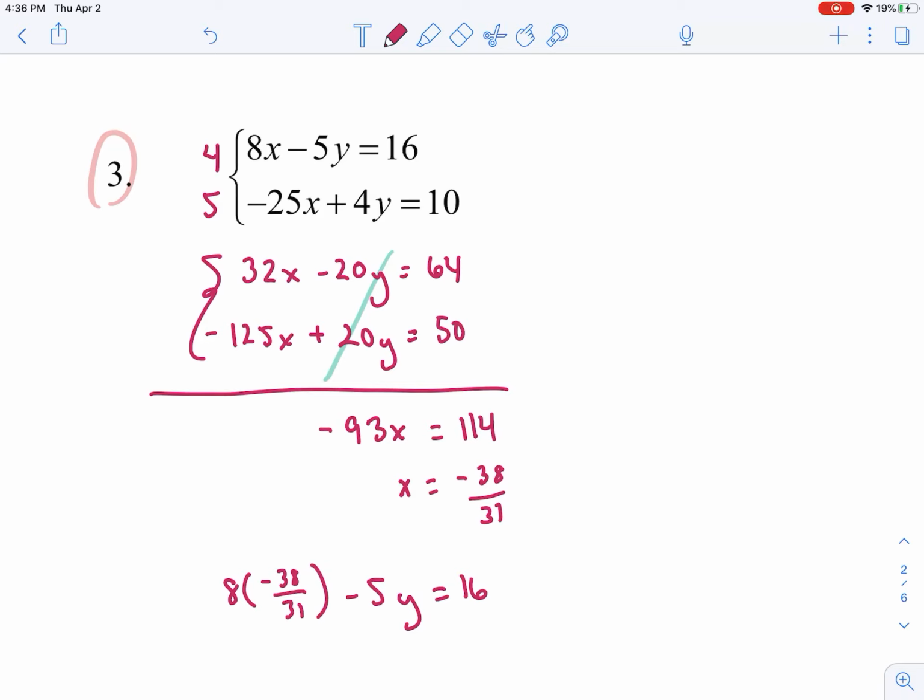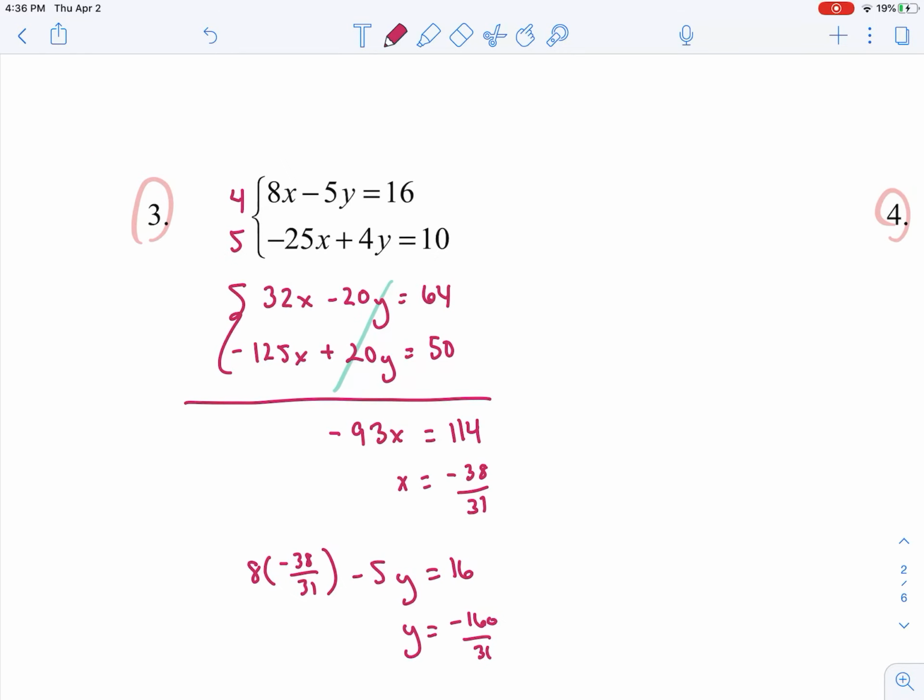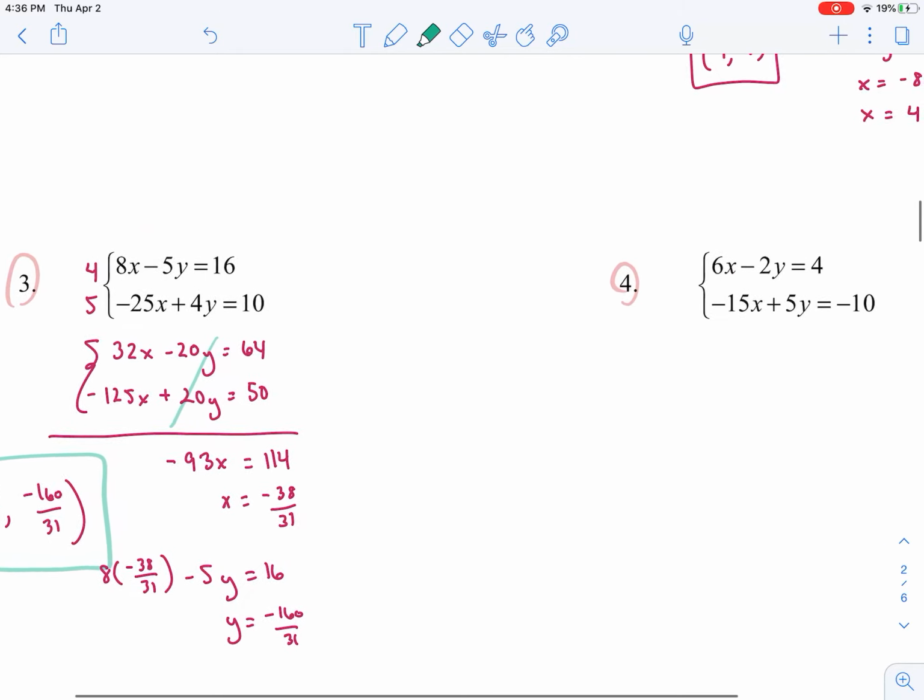And I get negative 160 over 31. My final answer written as an ordered pair. There we go.